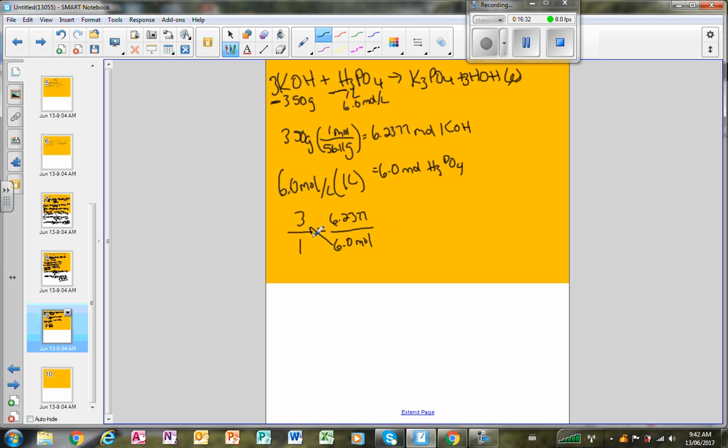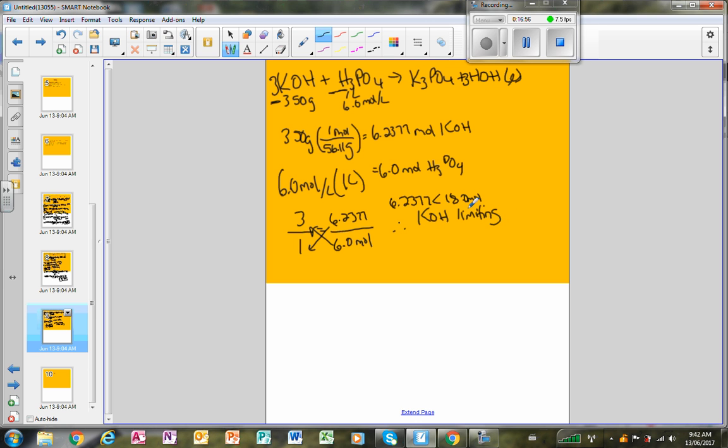When we look at how the reactants are going to be consumed, we see that 6.2377 is less than 18.0 moles of phosphoric acid. Therefore, KOH is limiting.